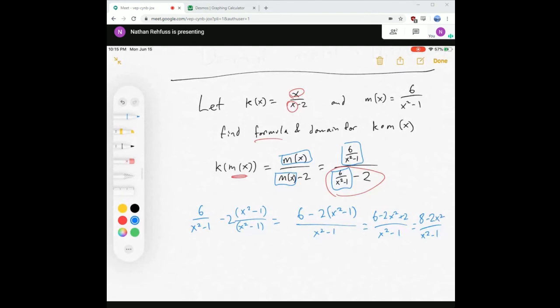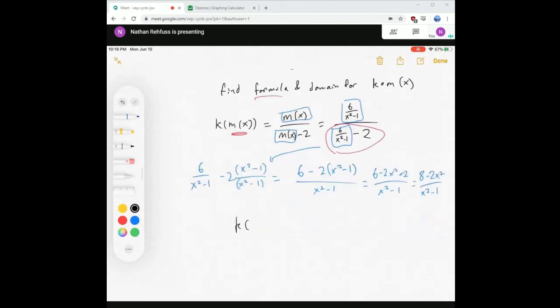So that's this denominator. So now I can rewrite k of m of x. Top is unchanged. Bottom is this.